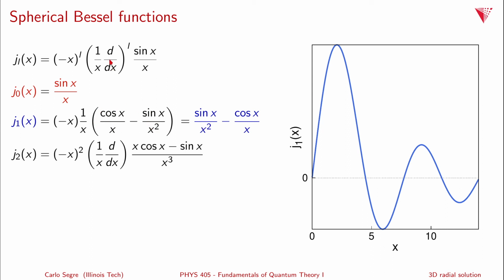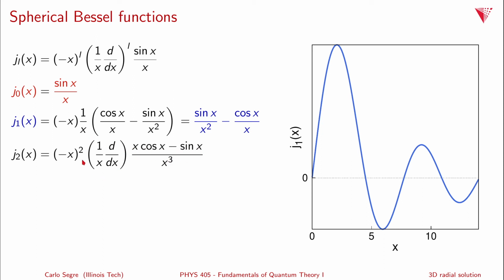When we apply the first derivative, we have cosine x over x minus sine x over x squared. If we just put these, and then we have a 1 over x, this gives me cosine x over x squared minus sine x over x cubed. If I now want to put this over a common denominator, I have to multiply the cosine by x. So I get x cosine x minus sine x all over x cubed.